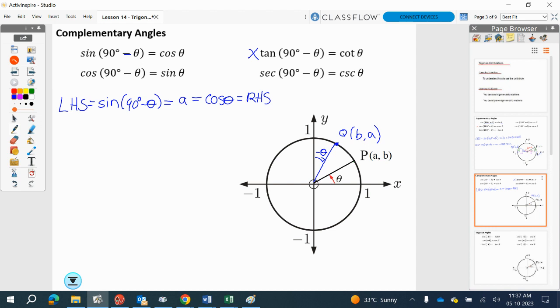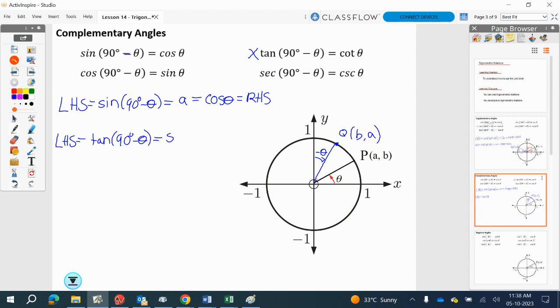All right, let's have a look. So you're getting it right, but you guys are missing a little bit of the formula. So we've got the left-hand side is equal to tan of 90 minus theta.